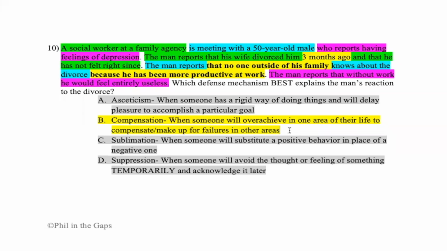So he's been achieving something in one area to make up for the relationship failure in that other area. So the correct answer here is B, compensation, based on the fact that he's been more productive in one area to make up for another. So that's how we look at that question in particular.